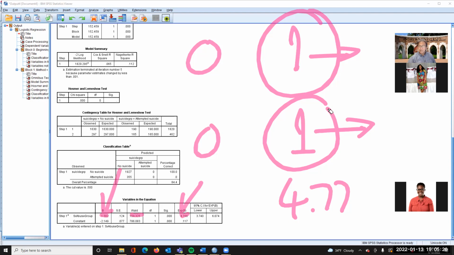So this basically means, okay, if you belong to this group, you are 4.77 times more likely to be in this group, which is attempted suicide. Okay, so how do we kind of confirm that?